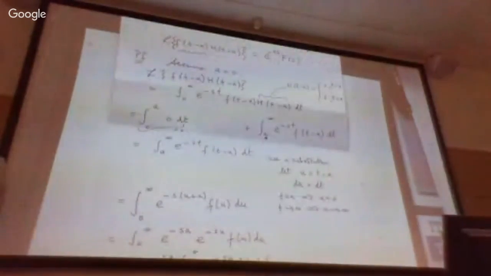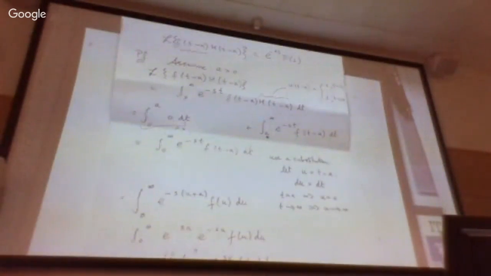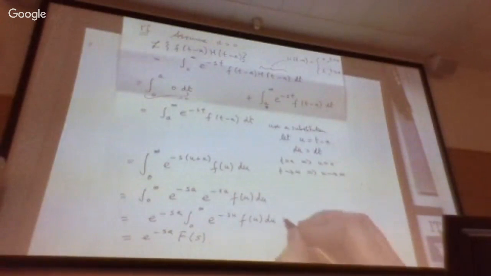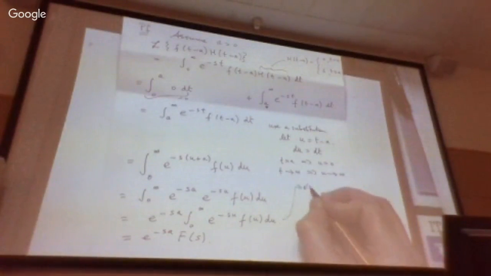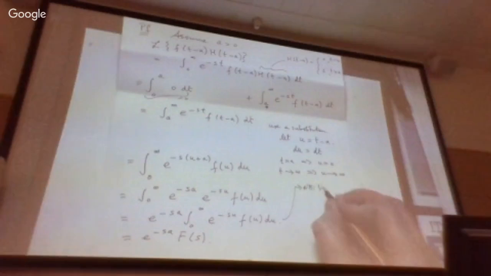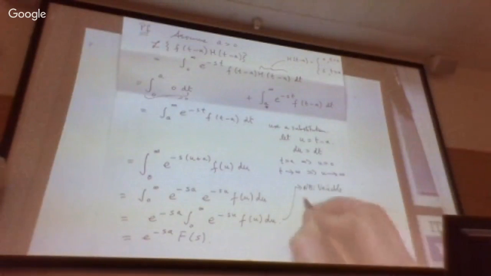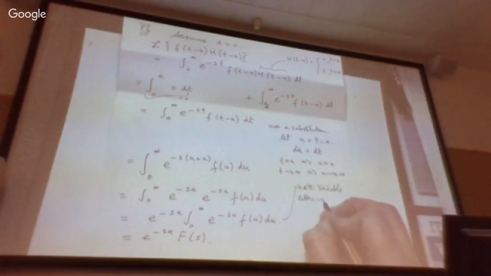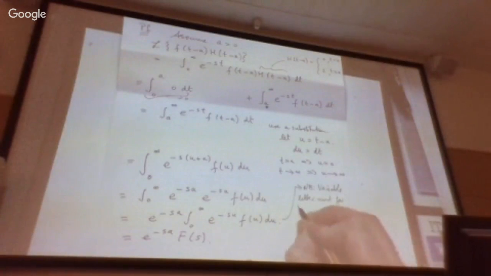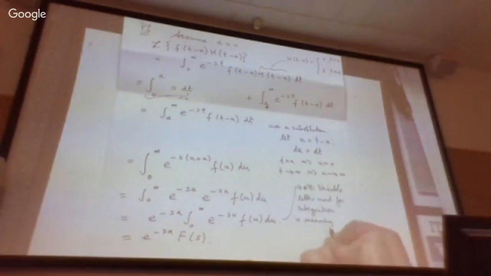If that point wasn't immediately visible to you, the variable letter used for the integration is meaningless, really. It's just a pure U or T. Makes no difference.